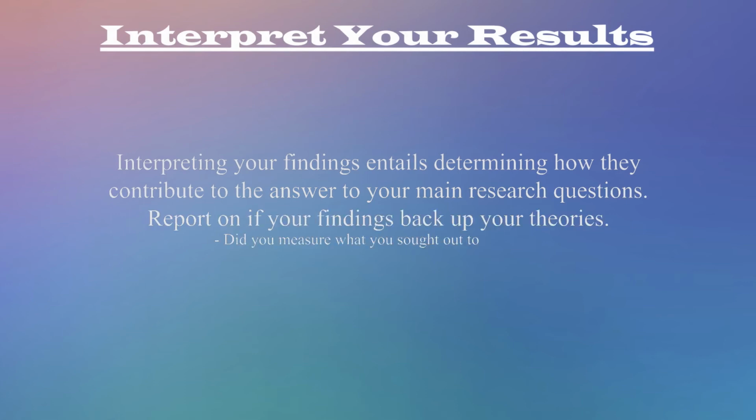For the interpretation of your results, you can interpret your findings, which entails determining how they contribute to your answer to your main research question, and report on whether your findings back up your theories. Some of the questions to be answered would be: did you measure what you sought out to measure? And were your analysis procedures appropriate for this type of data?